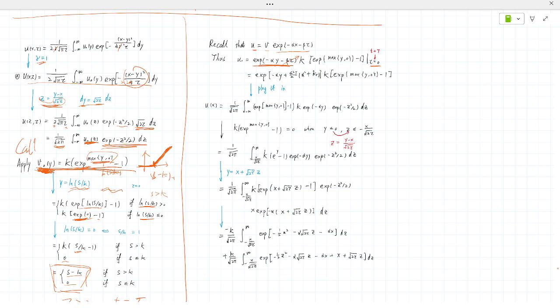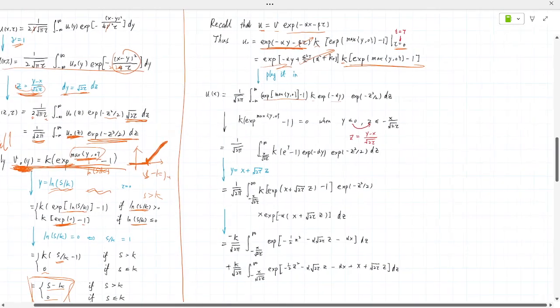And this goes to 0. We have k exponential. Plug this in. Exponential y k and exponential max y 0.